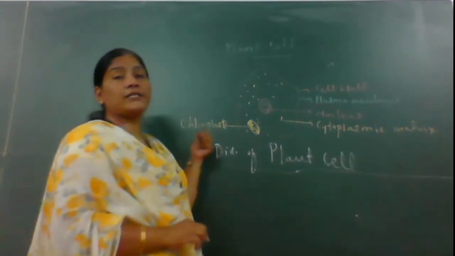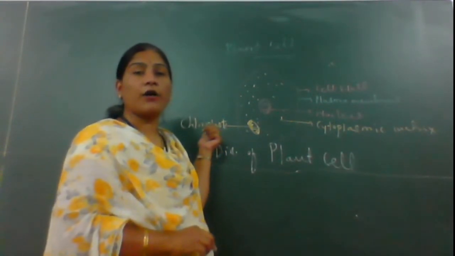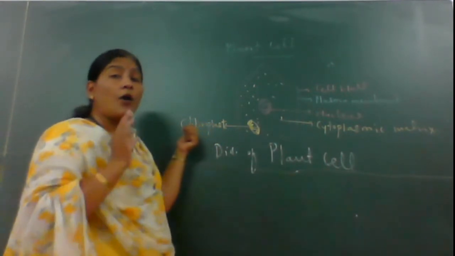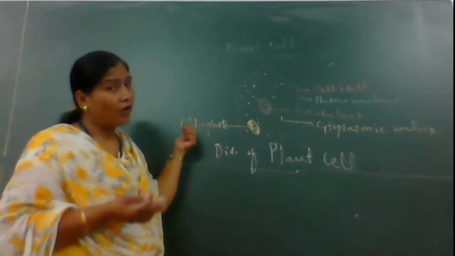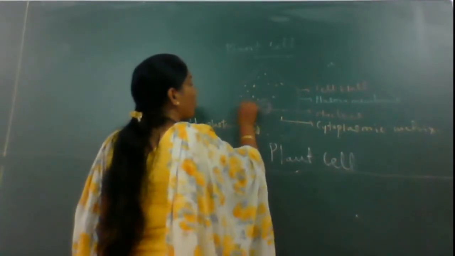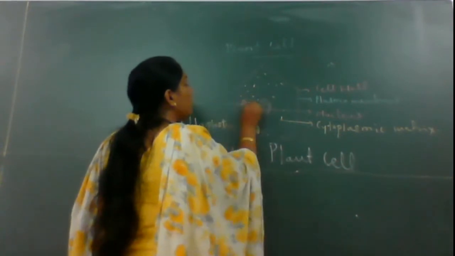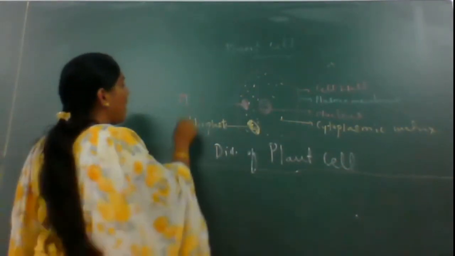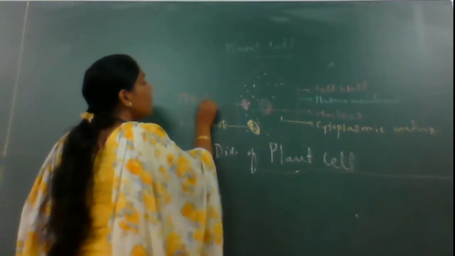This chloroplast is an essential organelle in which the photosynthesis process occurs. Next, there is another organelle that we call the mitochondria.